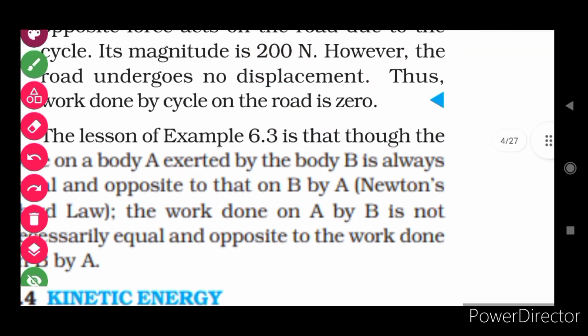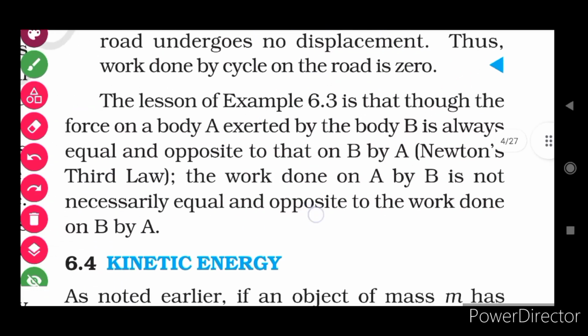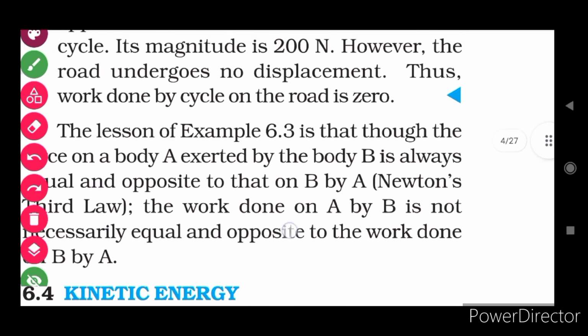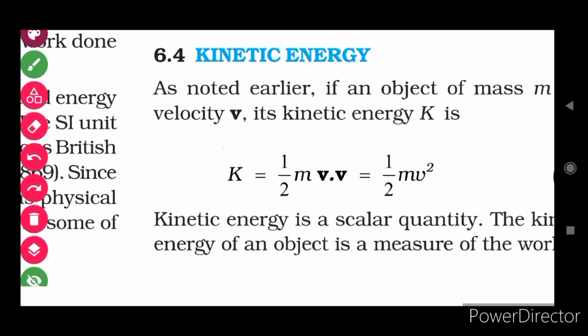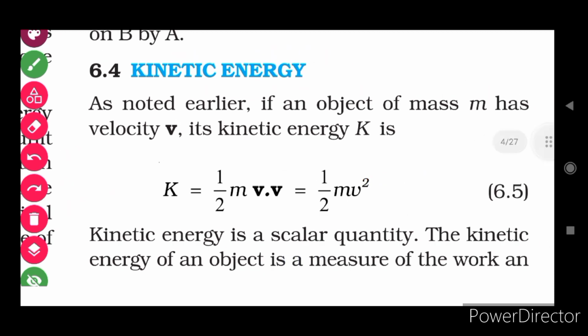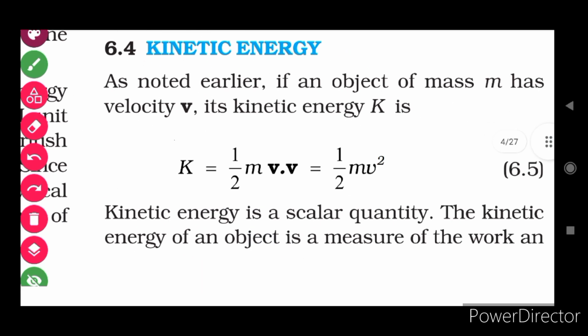Then after this we have kinetic energy, a very obvious topic. You know what kinetic energy is? Energy possessed by a moving body is kinetic energy, and you know the formula: half mv squared, where m is the mass, v is the velocity, and kinetic energy is a scalar quantity, it cannot be negative.